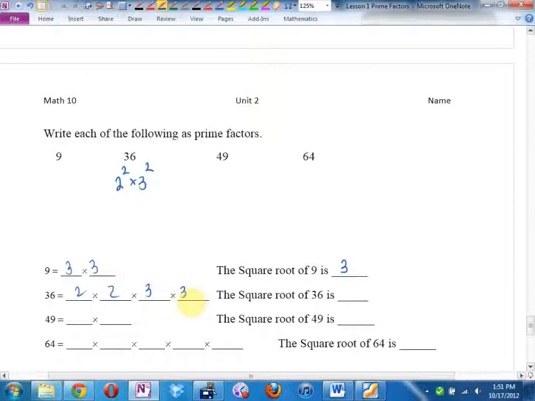That's another way to tell that a number is a perfect square: when you do its prime factorization, you notice every single number comes in 2s. There's 2 2s, there's 2 3s. What's the square root of 36? Can you see it hidden in there? There's 1 2 and 1 3. If I write the prime factorization of 49, it's 7 squared. It's 7 times 7. The square root of 49 is 7.